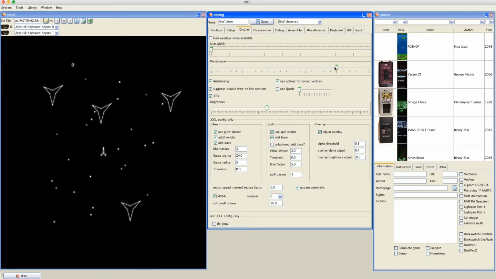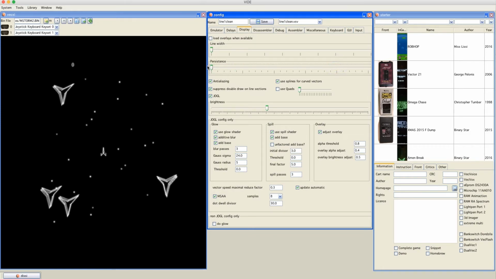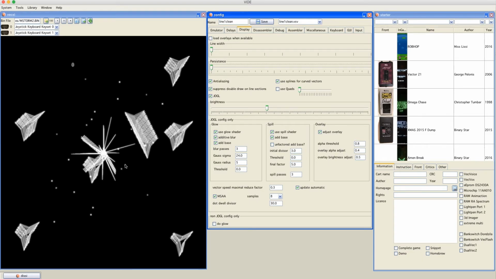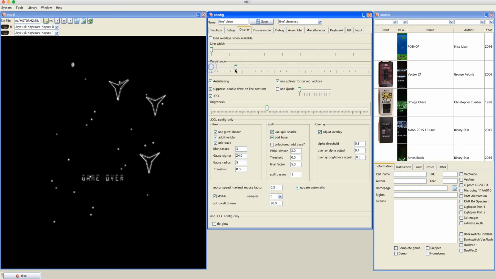This is quite little persistence, and I can enable more. This is nearly full persistence, so nothing will be deleted, and everything else is something in between. Depends on what you like, actually. So I'll leave it somewhere here.